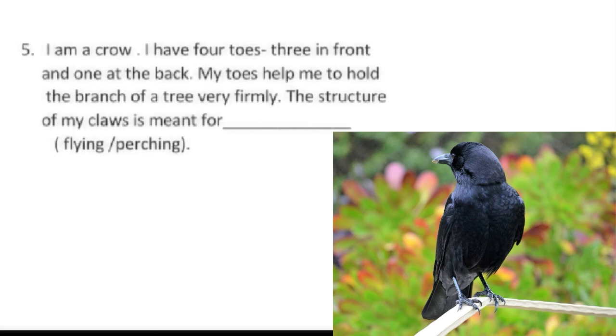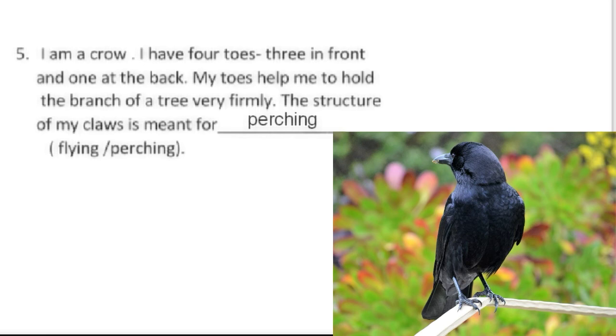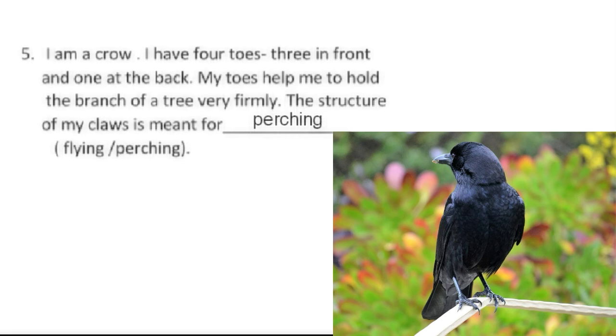The structure of my claws is meant for, the options are flying or perching. So our answer is perching. Claws on feet are used for grasping the prey, for perching, for scratching the ground or fighting. So like this we have completed our exercise number 11.